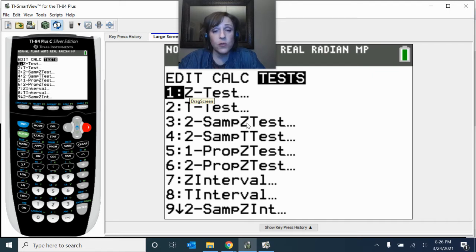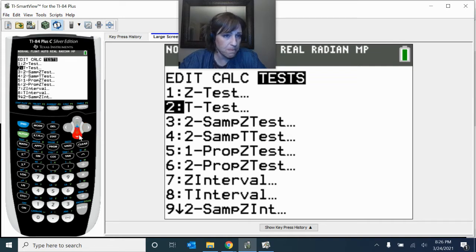Well, as you know, Z's are for the normal model. Well, what did I tell you when we first learned about this T distribution? What made us have to use a T distribution instead of the normal model? The sample standard deviation. So I want to look at the difference between number 3 and number 4.